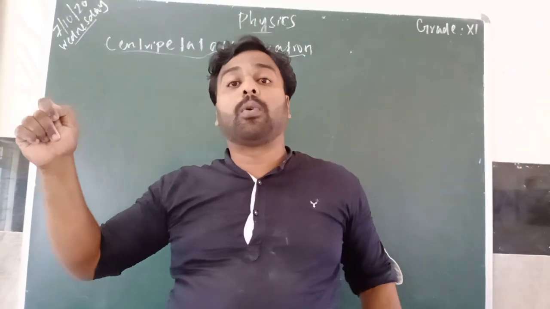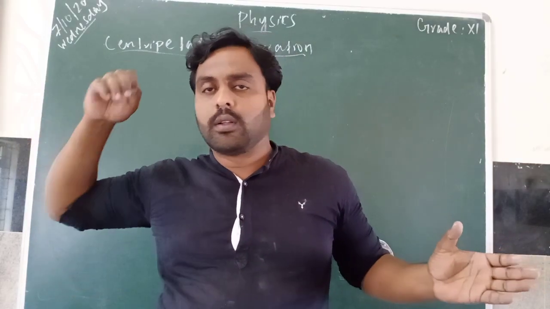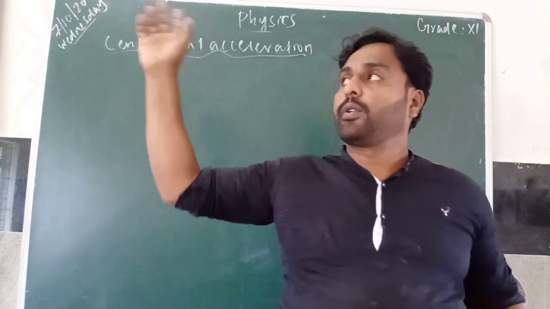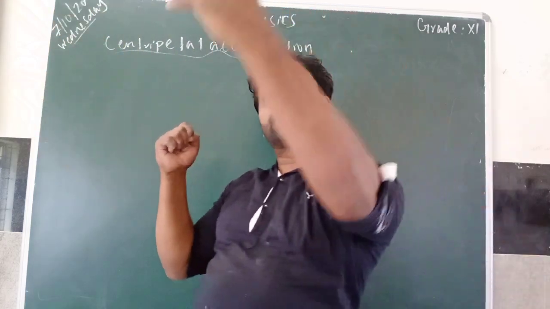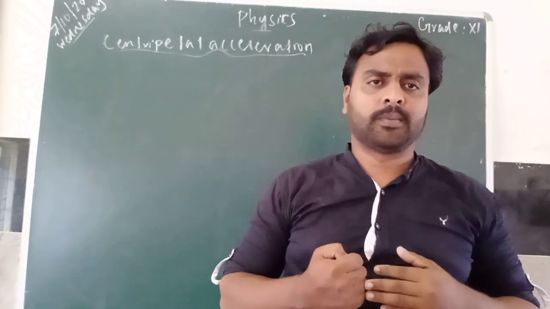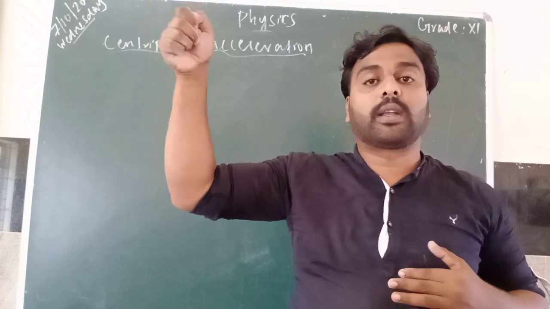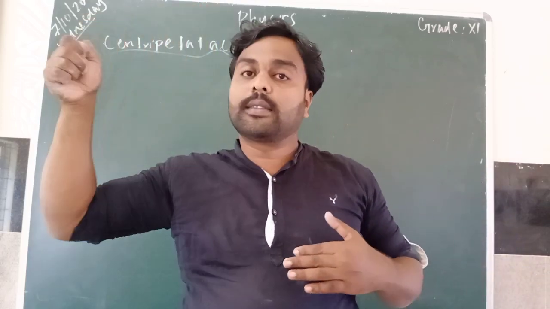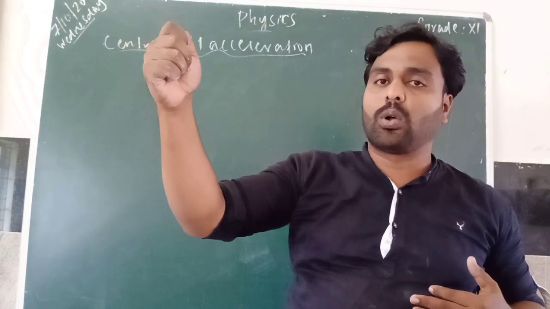Suddenly, if you stop, what will happen? You are rotating very fast, and you can see the circular motion. Suddenly, when you stop, you can see the stone falls on your hand. So this is your center, this is your axis of rotation. From this axis of rotation, you are rotating this rope with a stone.